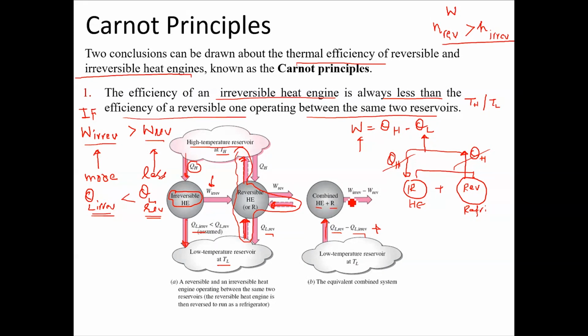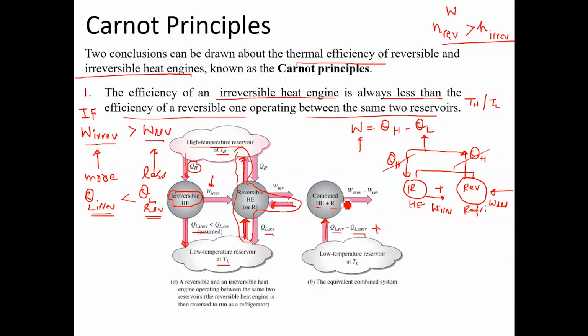Yes, sir. Now the irreversible heat engine is producing work out, work irreversible. And for the reversible refrigerator, there is work in, work reversible. What would be the net effect if we combine the two? Which is more? Sir, irreversible is more.